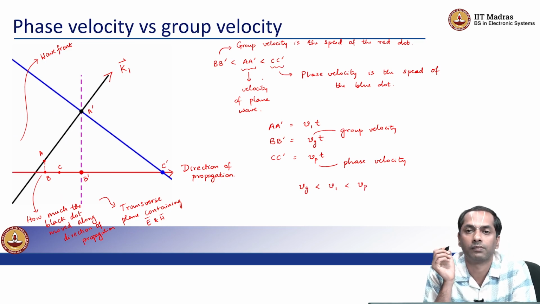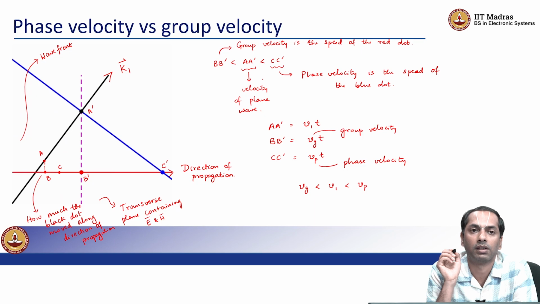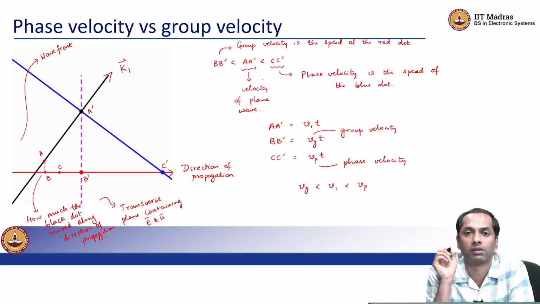But this should cause no alarm, that the phase velocity is greater than the speed of light. It is just a geometric construct that allows for points to move at greater than the speed of light.